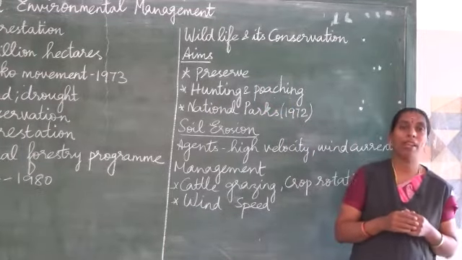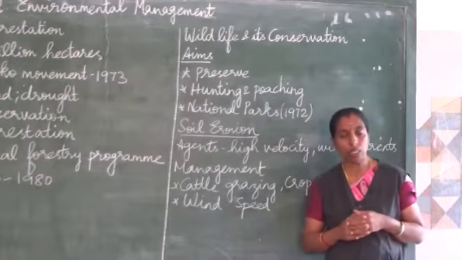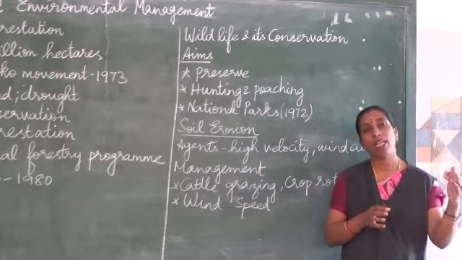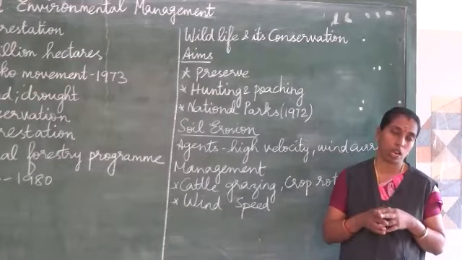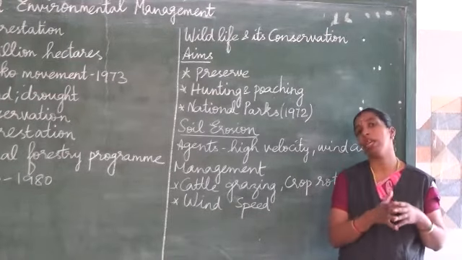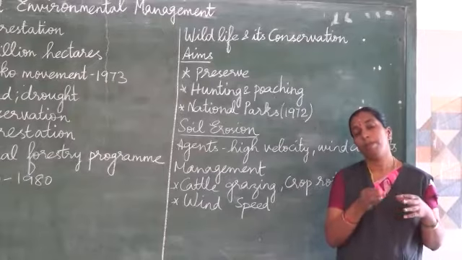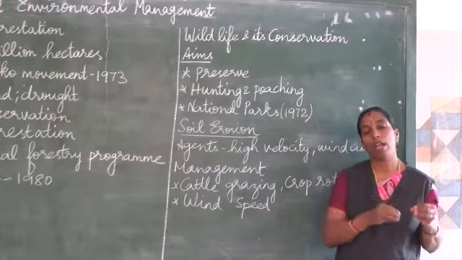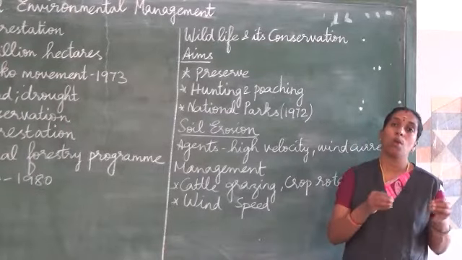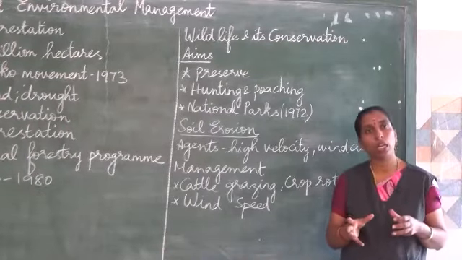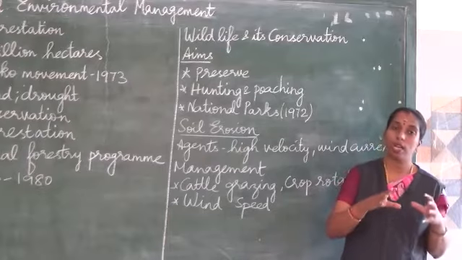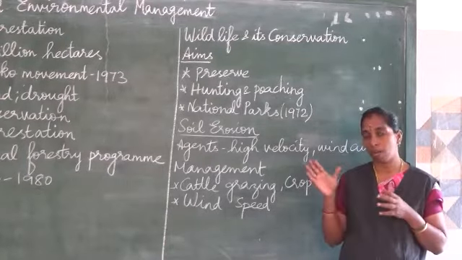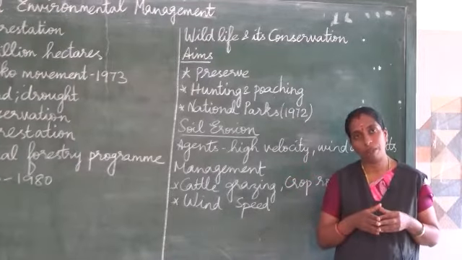Now many organizations are related to wildlife conservation, like the Indian Union Organization for Wildlife Conservation and the Bombay Wildlife Organization. Many organizations are there for conserving the forest and the wildlife.